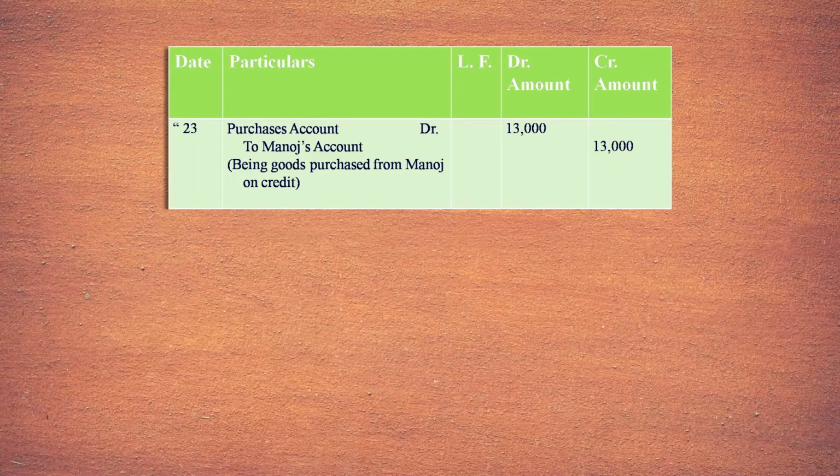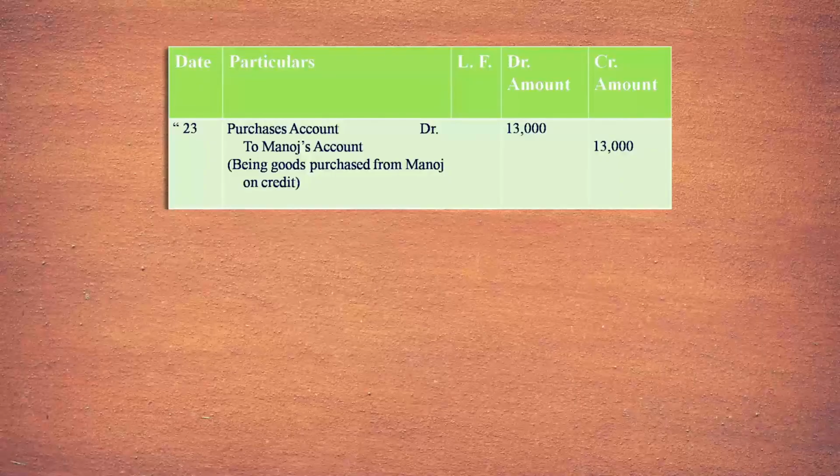As per the rule of nominal accounts, debit all expenses and losses. So purchases is an expense for the business, therefore the purchases account must be debited, and the account of the individual, Mr. Manoj, must be credited, because Manoj is a natural person and we apply the rule of the personal account: debit the receiver and credit the giver.